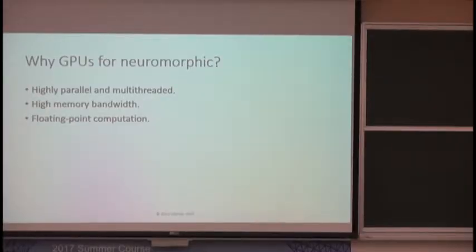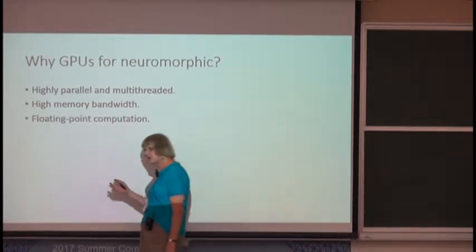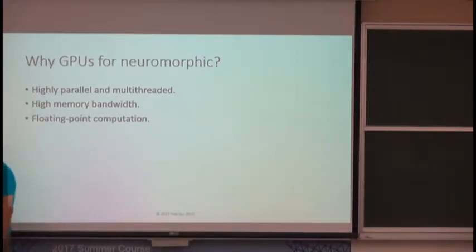So why are GPUs useful for neuromorphic computation? Because they're highly parallel, multi-threaded, that allows you to take advantage of the embarrassing levels of parallelism. We saw all that data, right? Two dimensions within a layer and then across the layers. The large number of small computation units is well suited to that. The high memory bandwidth is suited to that.